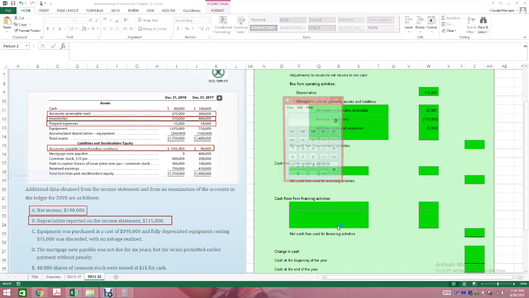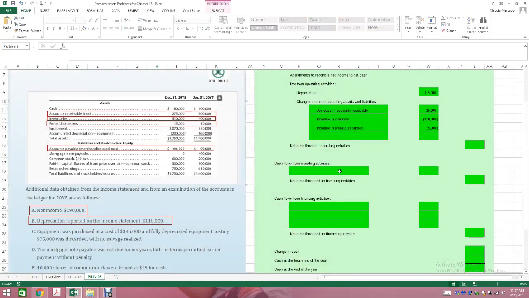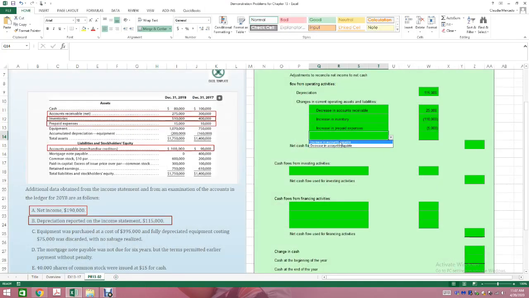So that means that my accounts payable increased by $10,000. If your accounts payable increases, you're going to add. Increases in accounts payable, you add. So here we have an increase in accounts payable, and I'm going to add 10,000.